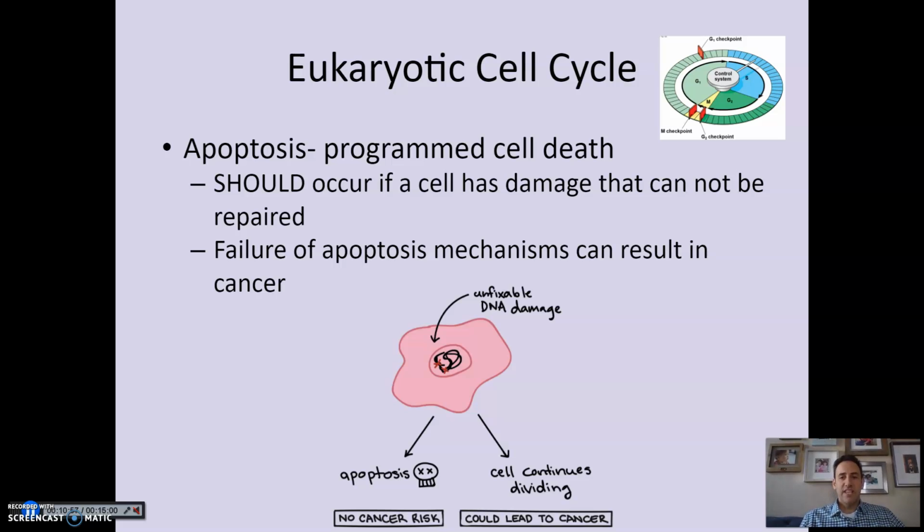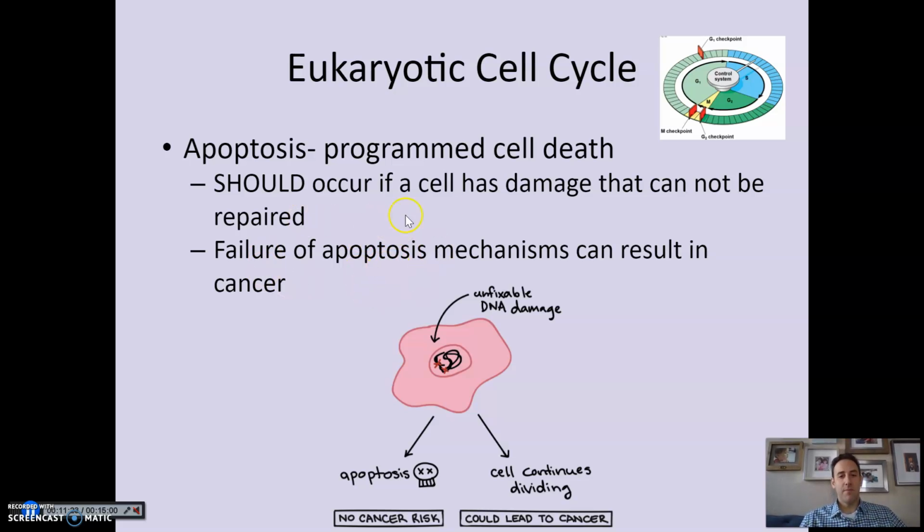So basically, if any of these signals are not good and the cell detects a problem at these checkpoints, then, like I said, it will either stop dividing or it will undergo apoptosis. Apoptosis means programmed cell death. This should occur if a cell has damage that cannot be repaired.